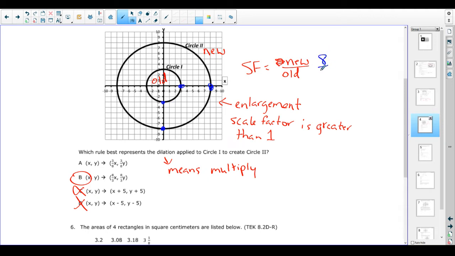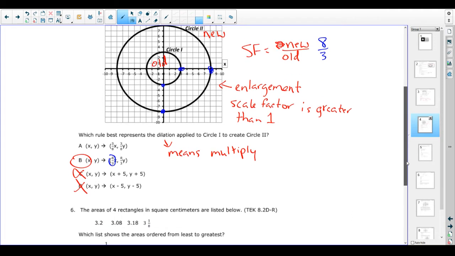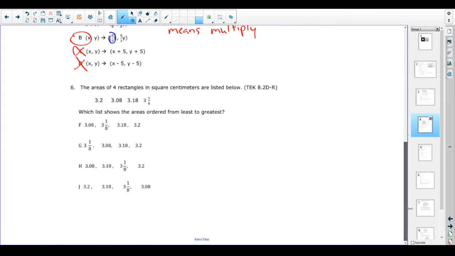So it's always 8 over 3, which is that number. Okay? But more often than not, you don't even need these numbers. You just need to know, is it getting bigger? Then I'm going to multiply by something greater than 1. Okay? And then never pick these plus or minus. That's not for dilations.